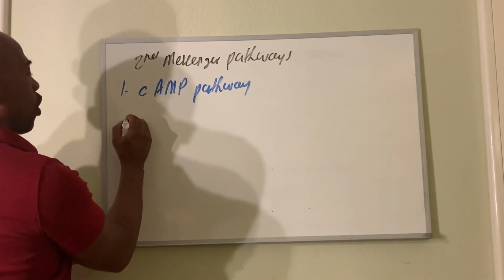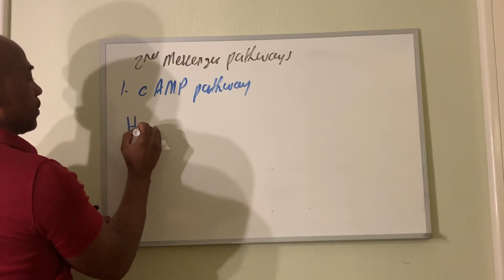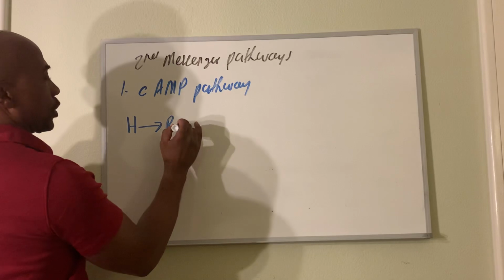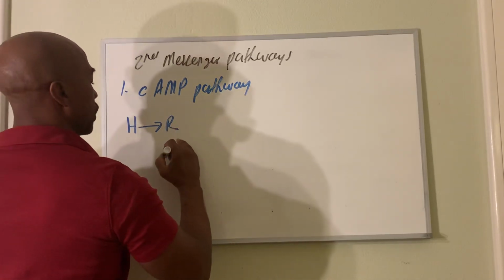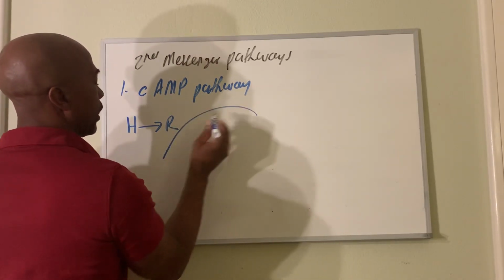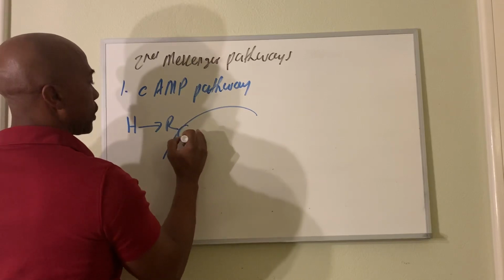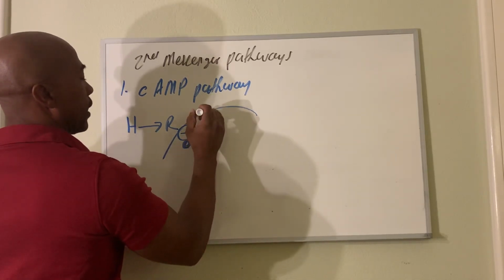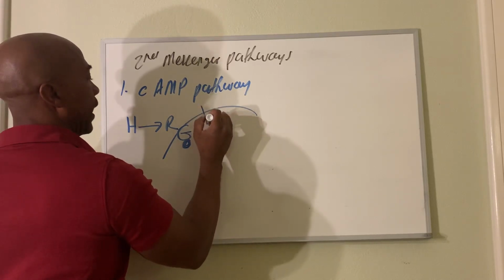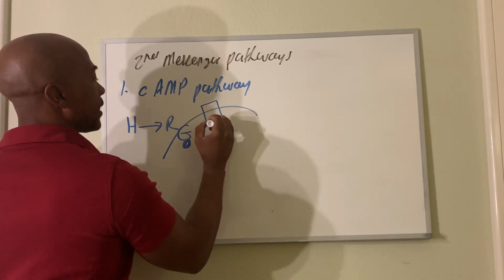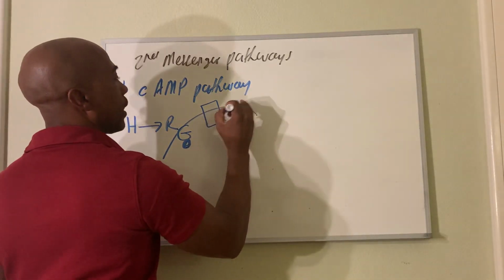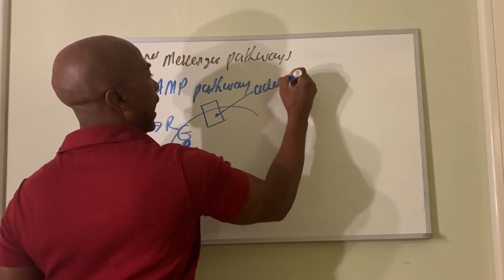So again, hormone binds to receptor, which is on the cell membrane, will trigger a G protein that will activate an enzyme. In this case, the enzyme that's activated is called adenylate cyclase.